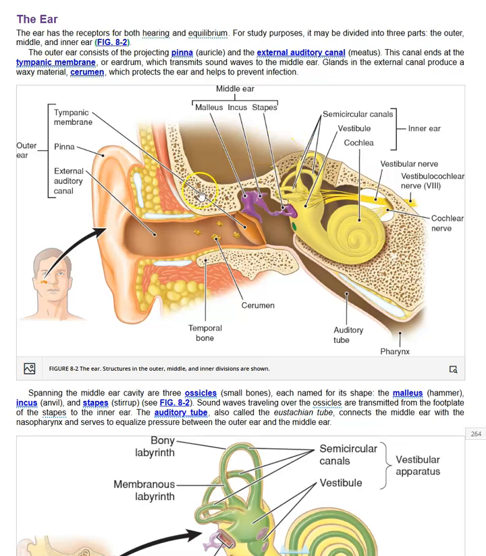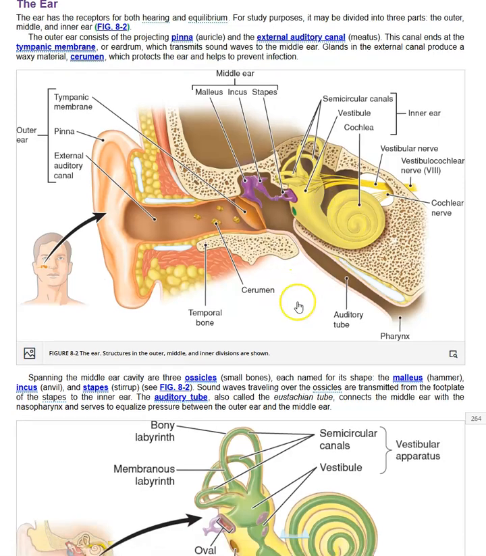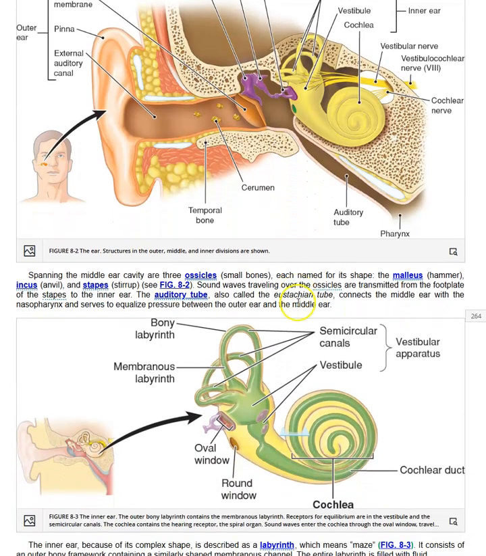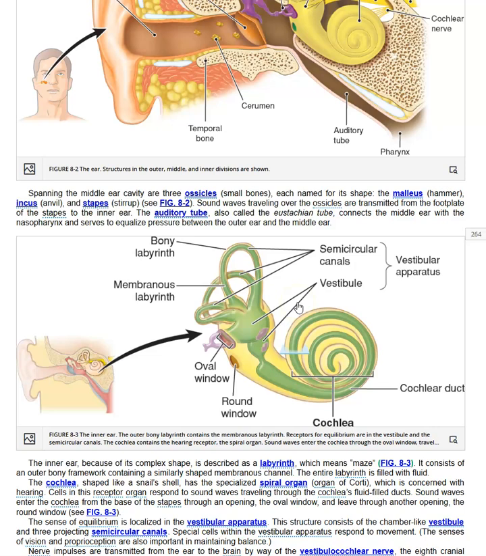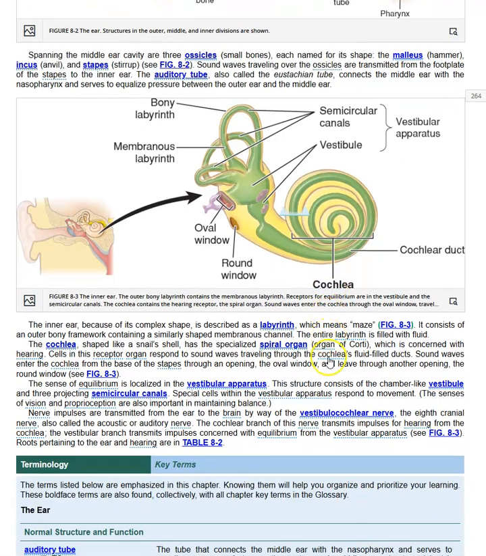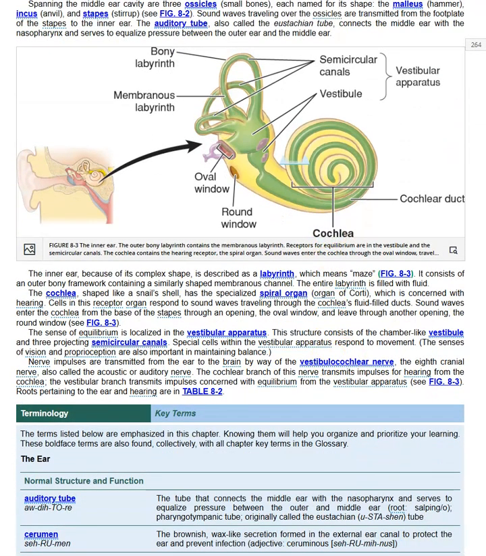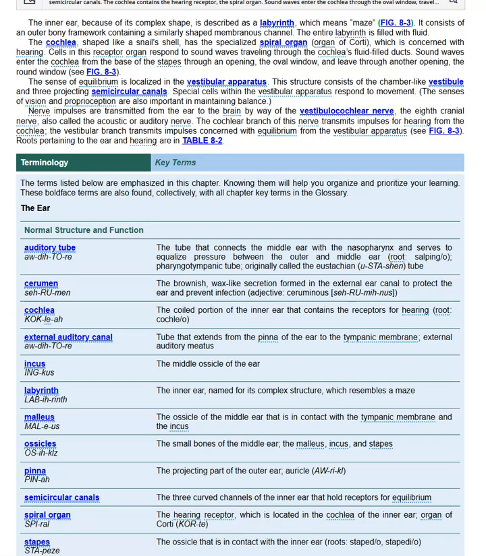So anyway, for this course: outer ear, middle ear, inner ear. I don't expect you to memorize the exact anatomy of all these tubes and vesicles. So again, the cochlea is responsible for hearing. And then this page just speaks about the actual anatomy.